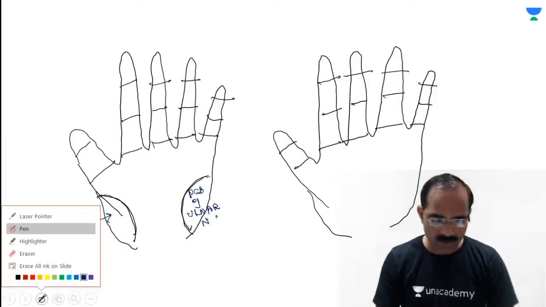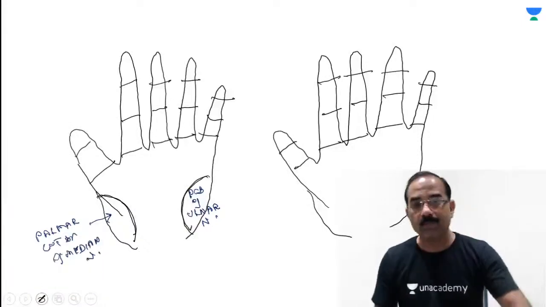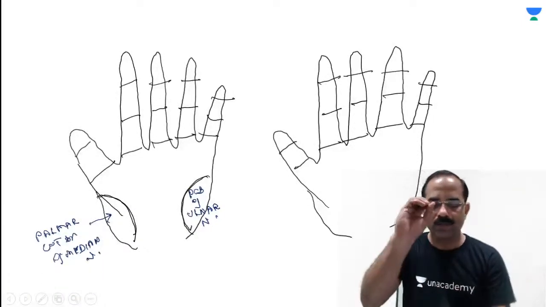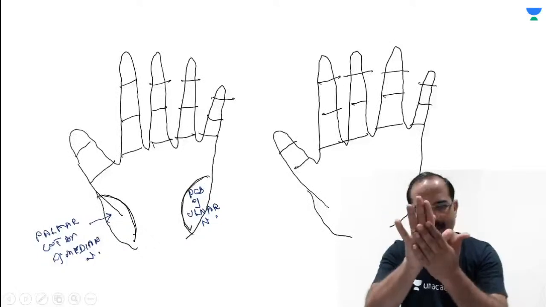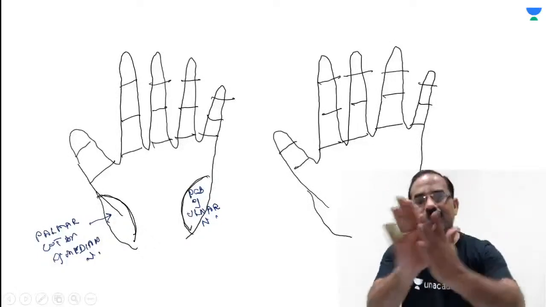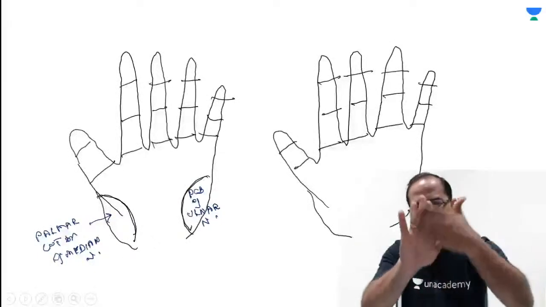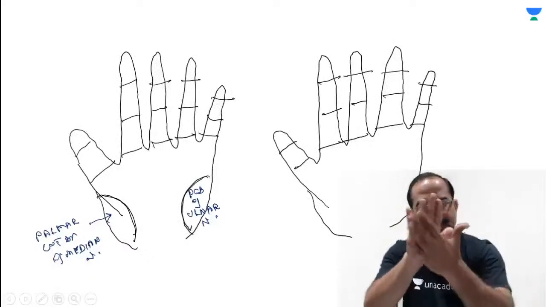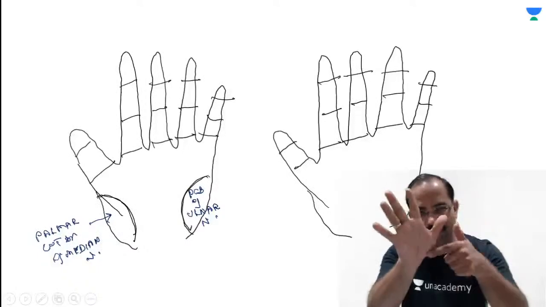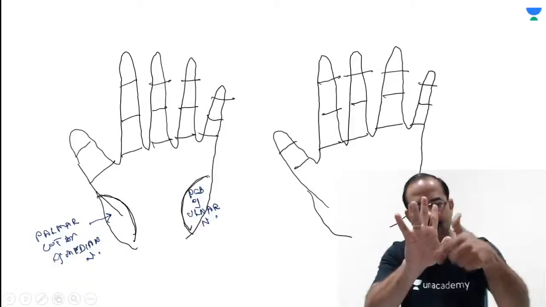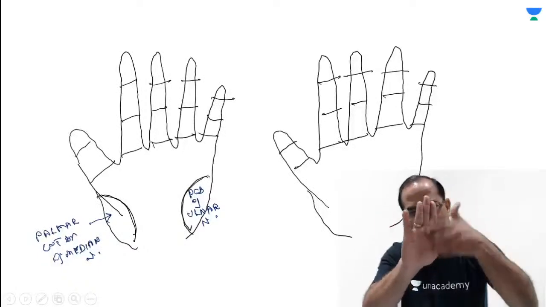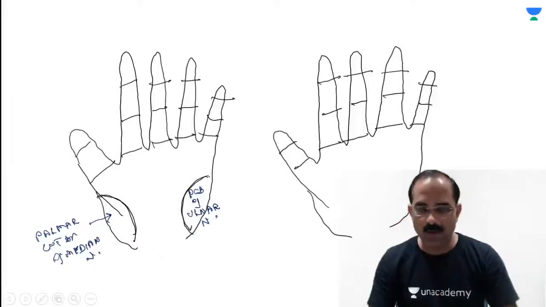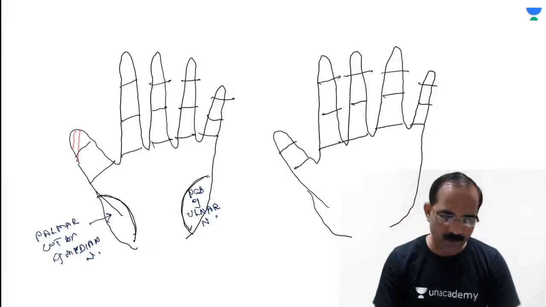Now, median nerve supplies how many muscles in the hand? The median nerve supplies 5 muscles in the hand. And after supplying these 5 muscles, the median nerve supplies the skin on the palmar aspect of 3.5 fingers.